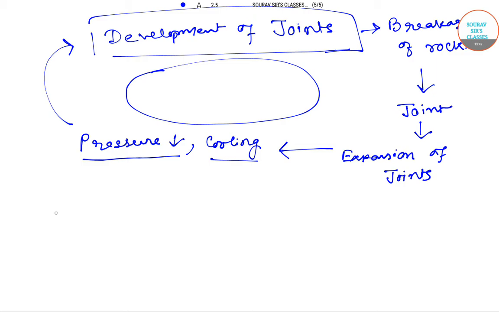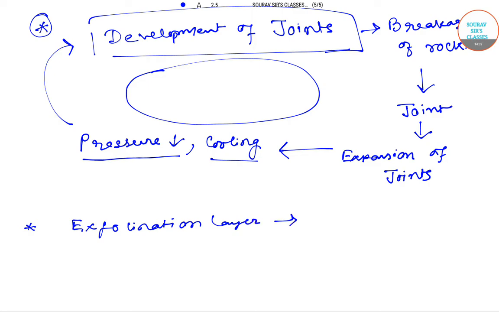Now there is another type of thing. This was a feature, and another type of feature is the exfoliation layer.